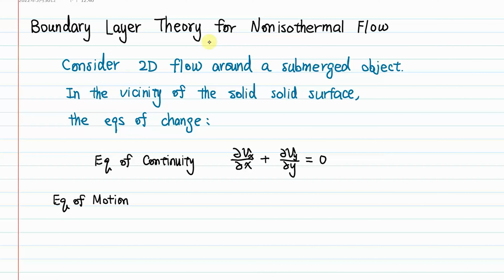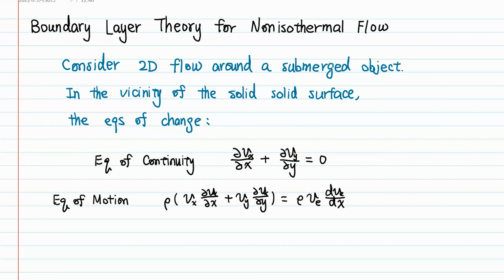The equation of motion is the density times Vx partial Vx partial x plus Vy times partial Vx partial y equals rho times Ve dVe dx.